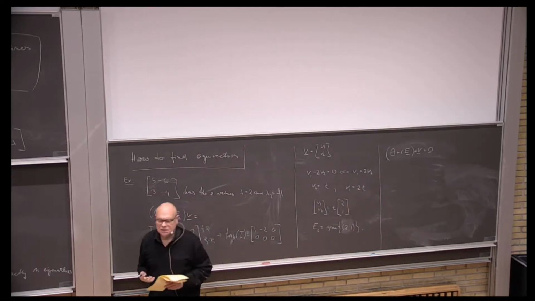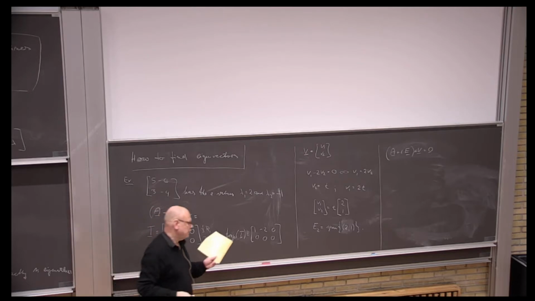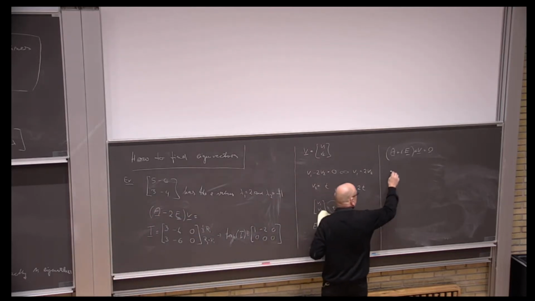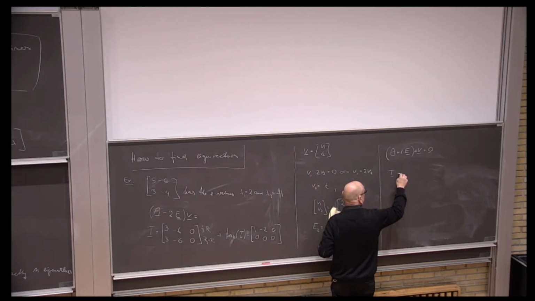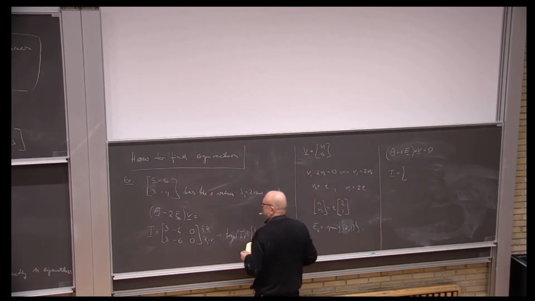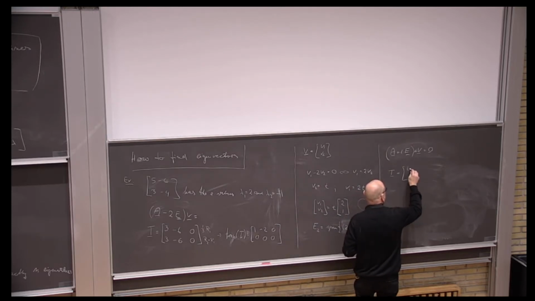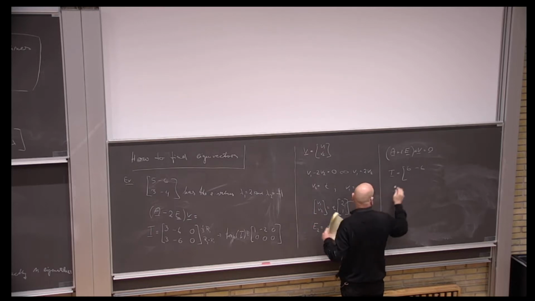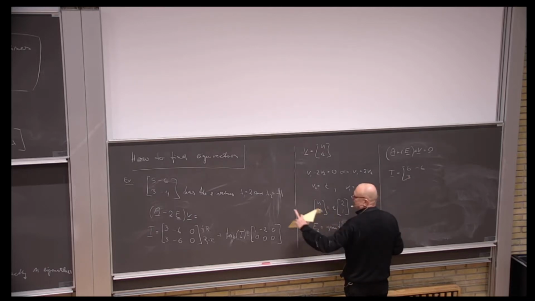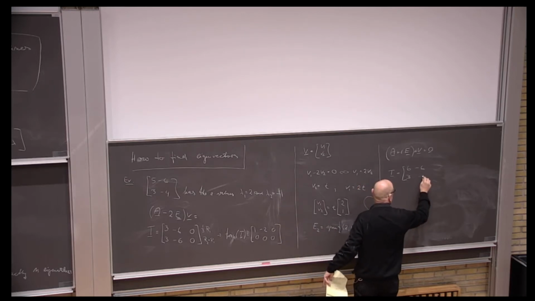Again, I can immediately write down the augmented matrix. So I have 5 minus 1, that is 6, and then I get minus 6, and then I have 3, and then I have minus 4 minus 1, that is minus 3.